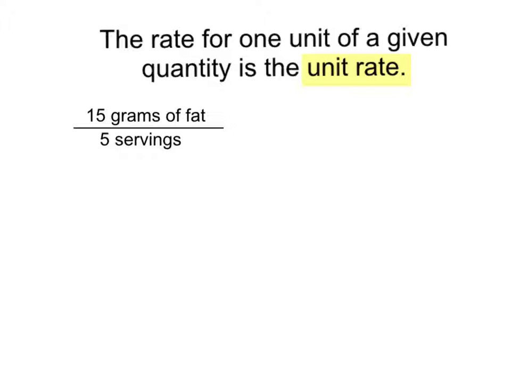So to find the unit rate, we're going to be dividing. We're going to divide the top number by the bottom number, so we're going to divide 15 by 5.